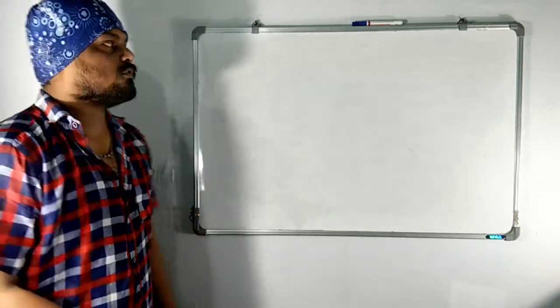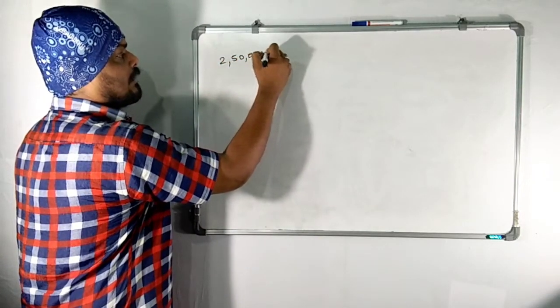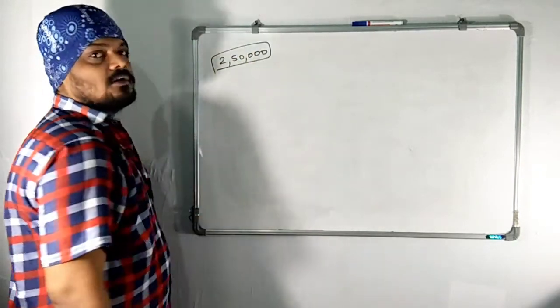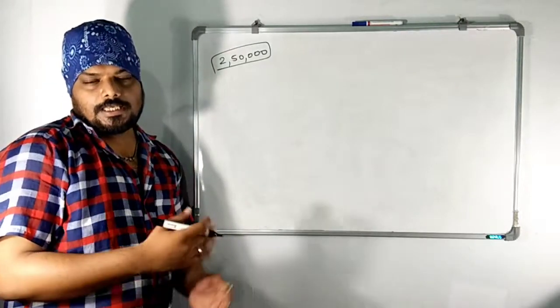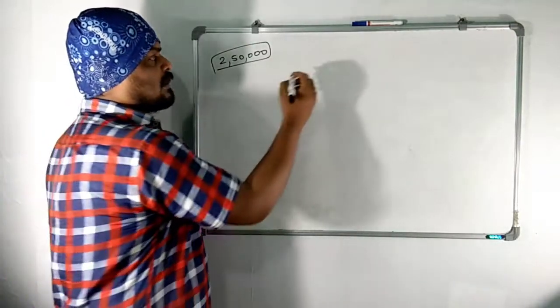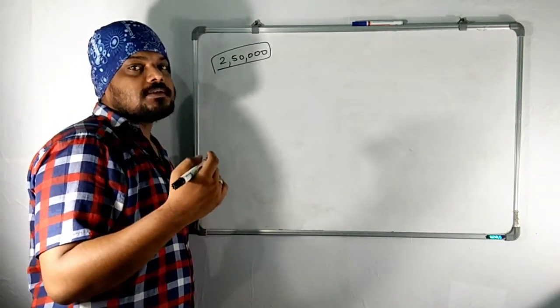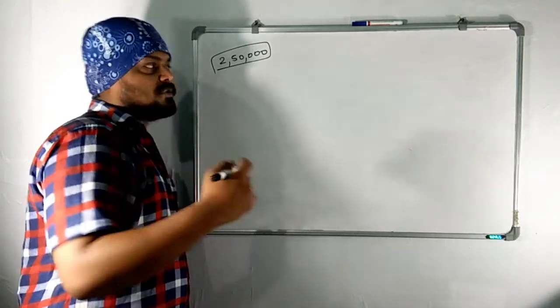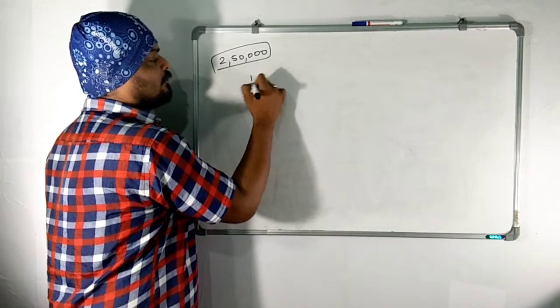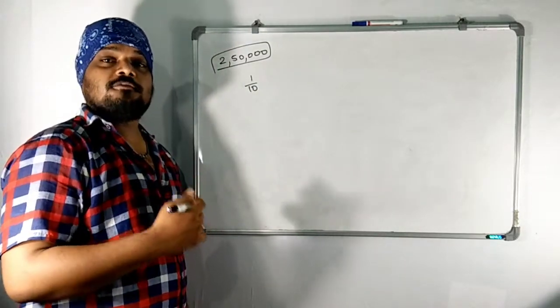So here let us try to solve the question. What is the exact cost price of the machine? The exact cost price of the machine is 2,50,000. How much is it depreciated in the first year? It is depreciated by 10 percentage. So what is the value of 10 percentage? It is 1 by 10 in fractions.